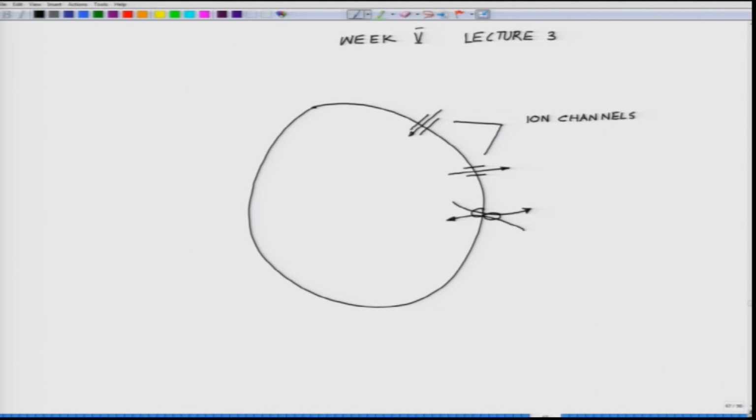Most of these ion channels' opening and closing is not random. Okay?